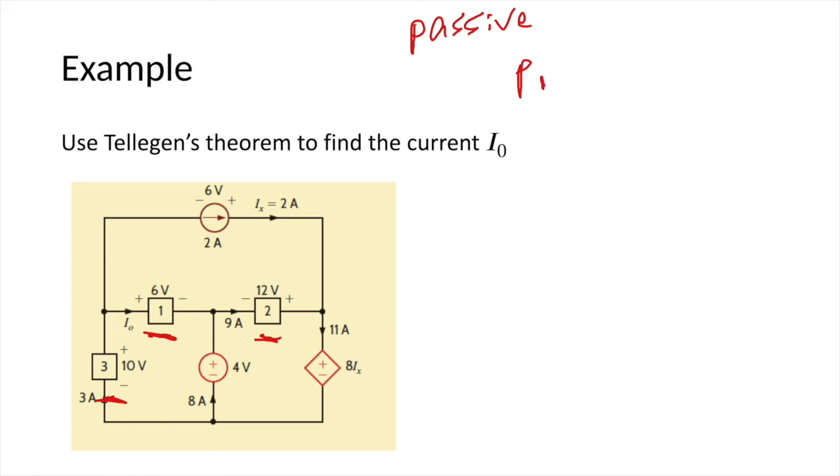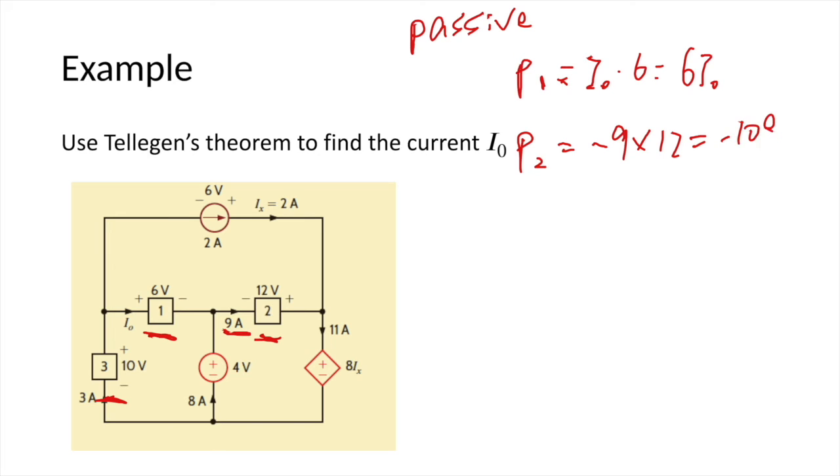For element 1, it satisfies the passive sign convention, so the power is I0 times 6, equals 6I0. For element 2, it does not match the passive sign convention, so we reverse the direction of the current. So the 9 ampere becomes negative 9. So that is negative 9 times 12, which equals negative 108.